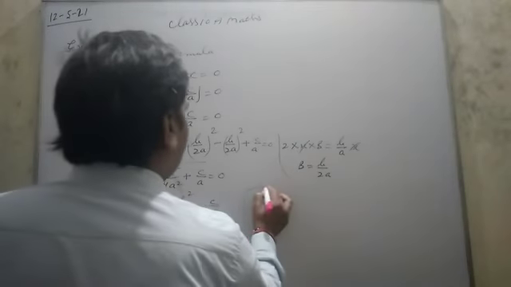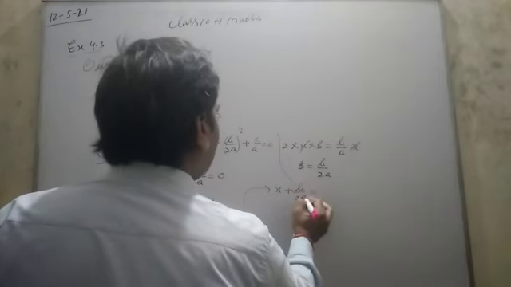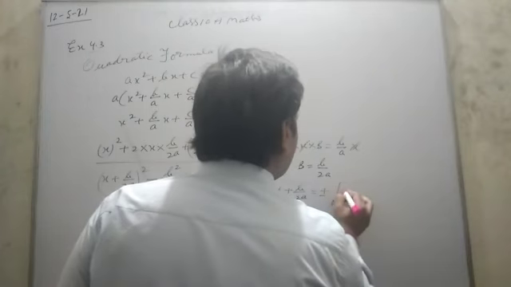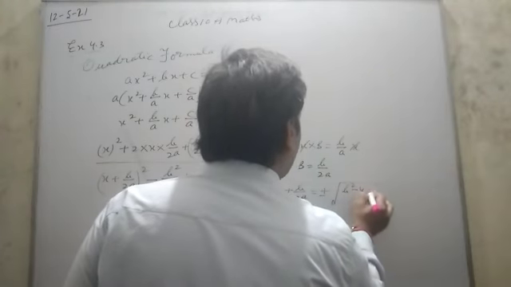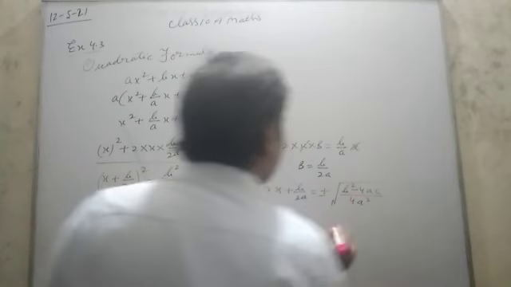So x plus b upon 2a is equal to plus minus under root b square minus 4ac upon 4a square.